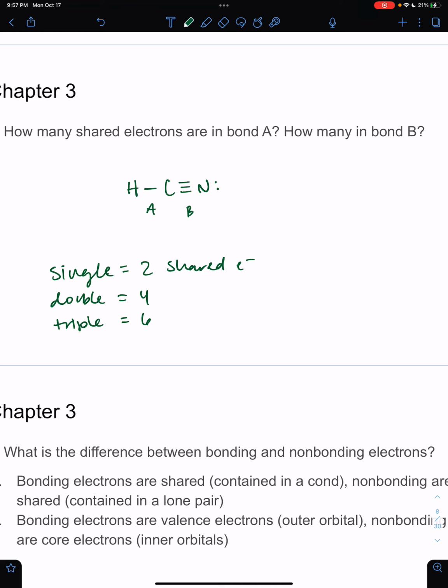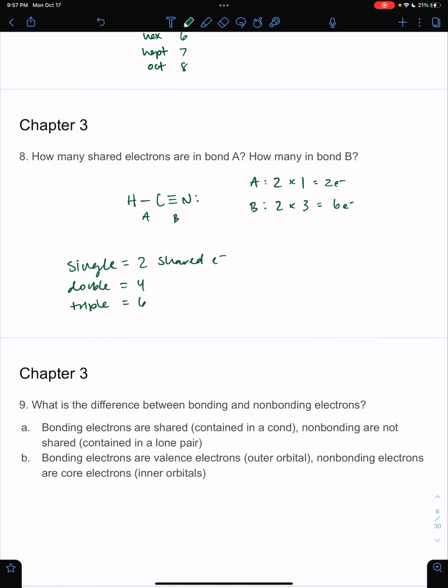So in bond A, there's going to be 2 shared electrons. In a triple bond, we have 3 lines, so 2 electrons in each line is going to be 2 times 3 equals 6. Okay, so bond A has 2 and bond B has 6.